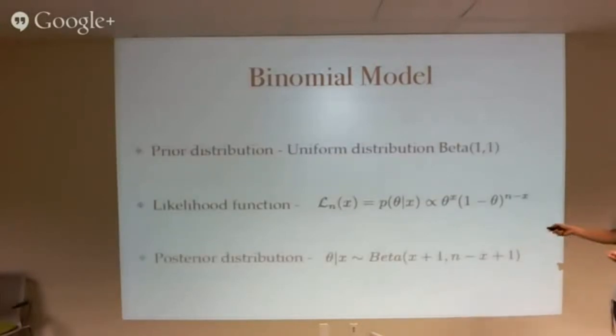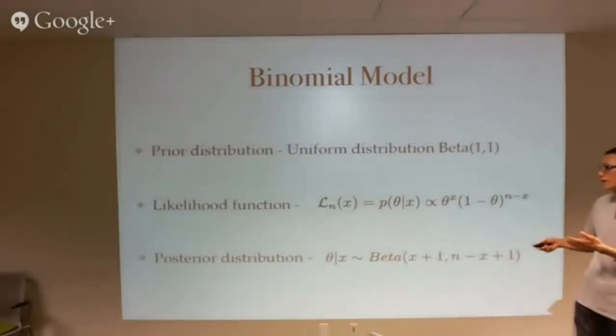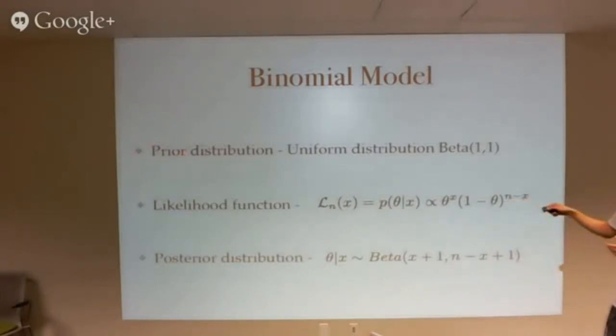So we find it's proportional to theta to the power of x times 1 minus theta to the power of m minus x, and then we use the prior distribution times the likelihood function, then we get the posterior distribution, right?